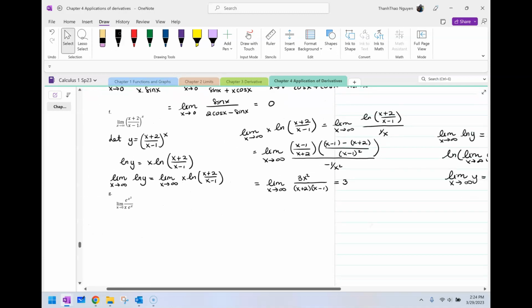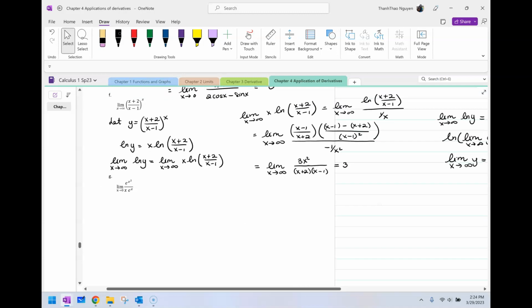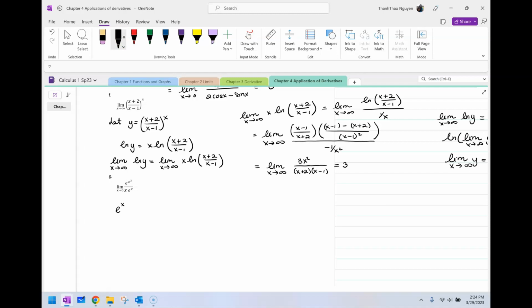In the next case, I need to work on the function itself first. So let's rewrite the function x squared divided by x times e to the x. Note that this is the same as e to the x times e to the negative x divided by x.